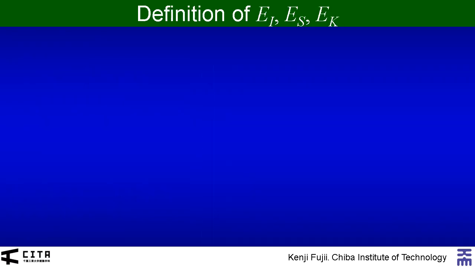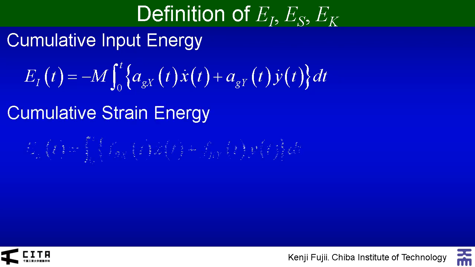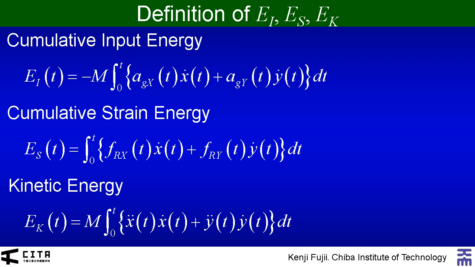Next, we will define the cumulative energy quantities at time t. The first is the cumulative input energy, EI. The second is the cumulative strain energy, ES. And the third is the kinetic energy, EK.